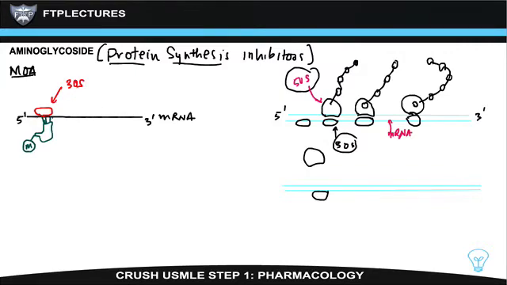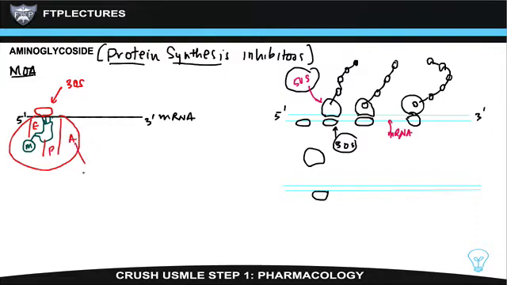However, the 50S subunit has to come over right there. The 50S subunit has 3 sites, okay? It's an E site, a P site, and an A site.